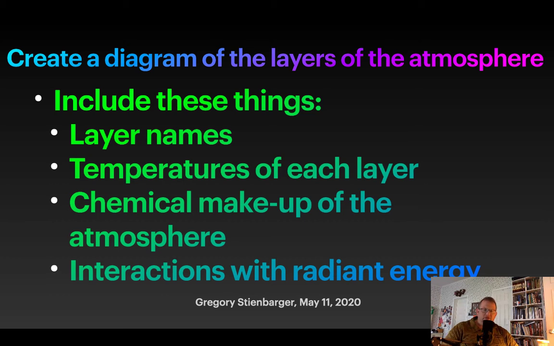Chemical makeup of the atmosphere, so you're going to have to know what gases make up the atmosphere. There are some very specific layers that have some very specific makeups. You're going to have to know those. And also how those layers interact with radiant energy. So these are the 4 things that we're really going to cover with this lesson.